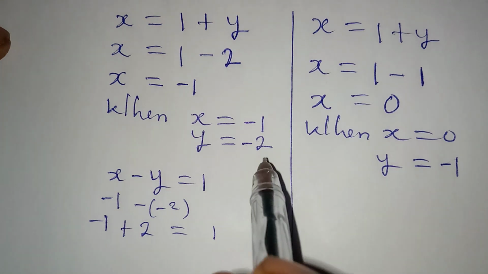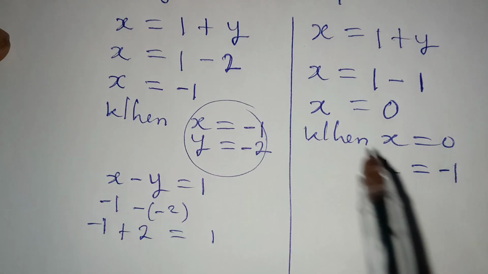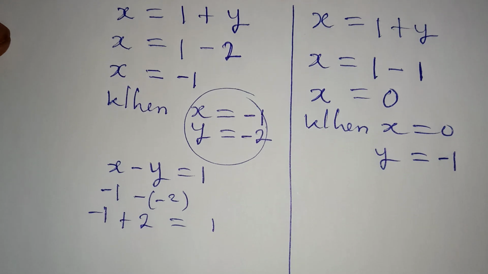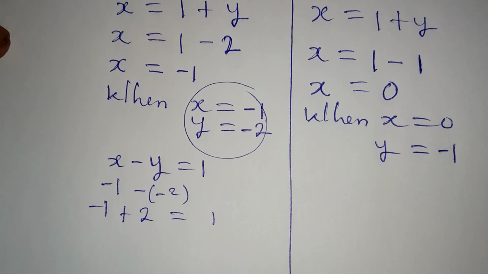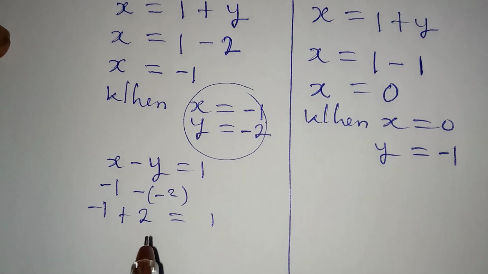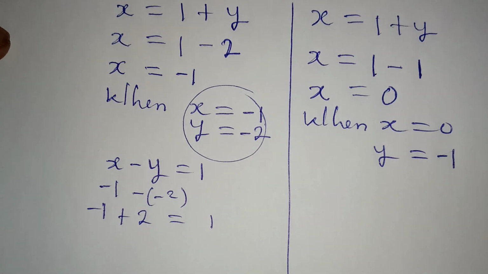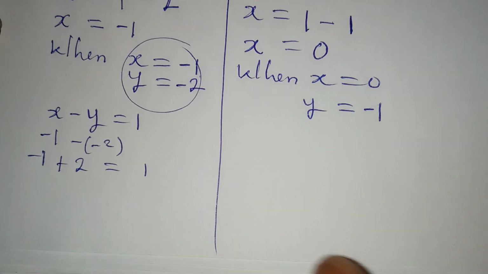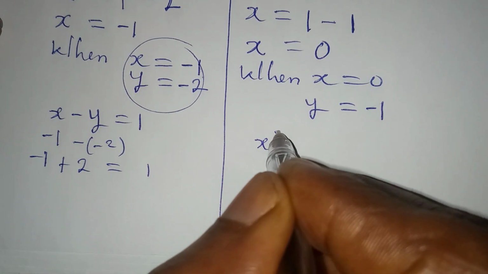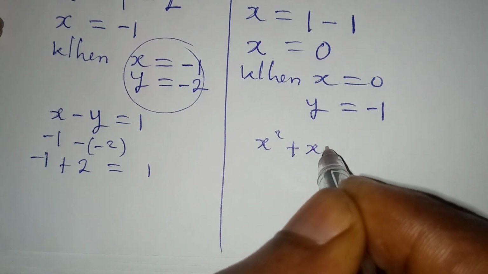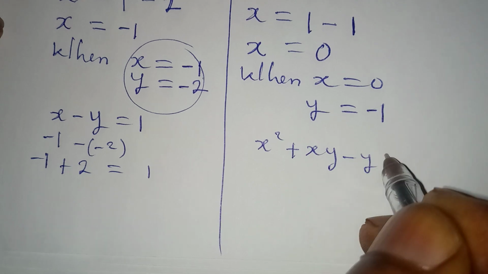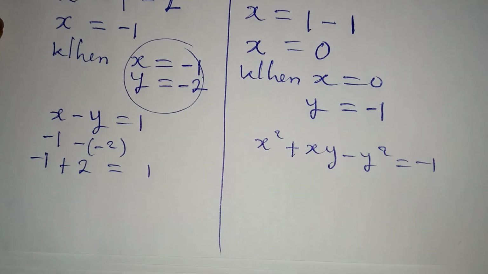So this means that this value of x and y satisfies the first equation. Okay, now let's put this same value of x and y into the second equation, which is x squared plus xy minus y squared equals -1.